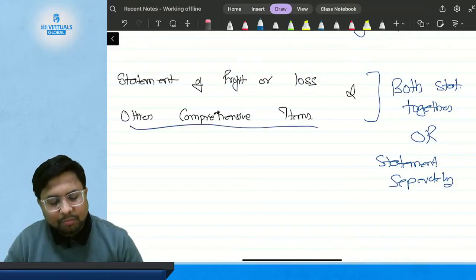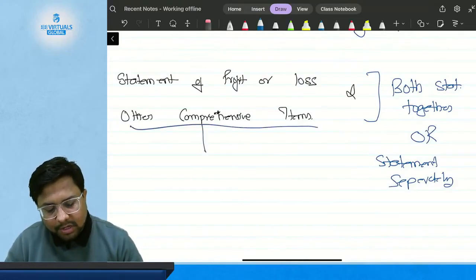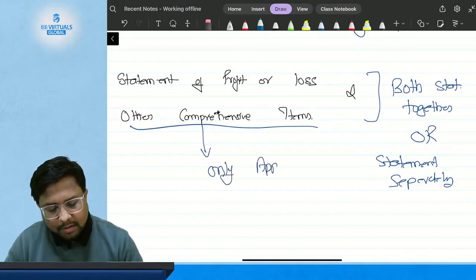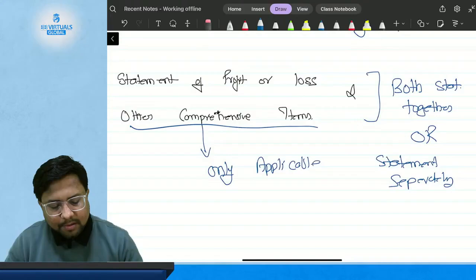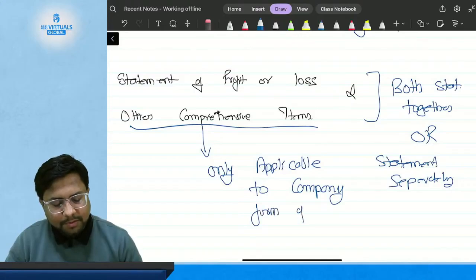The other comprehensive item statement is only applicable to the company form of business.